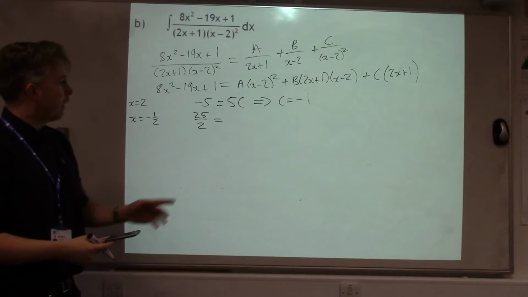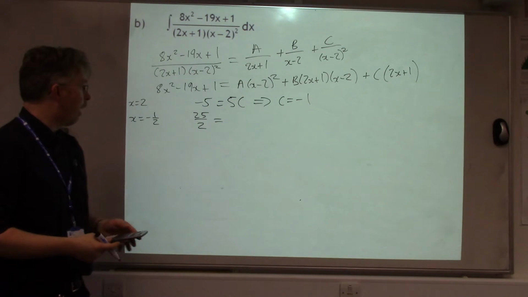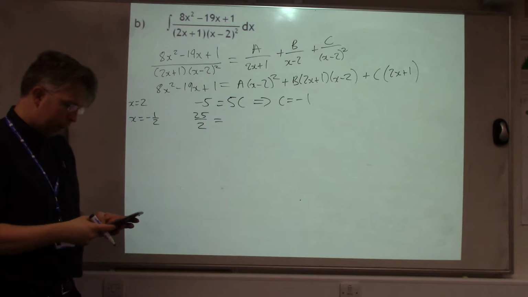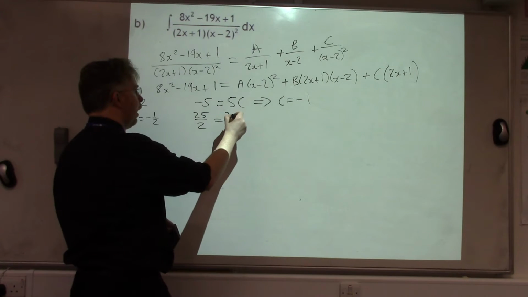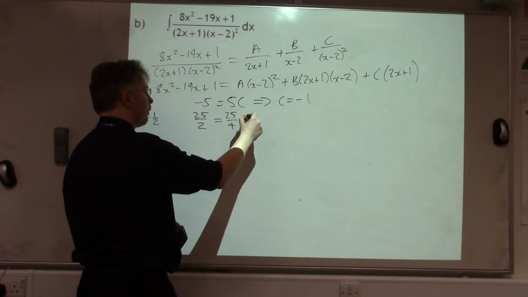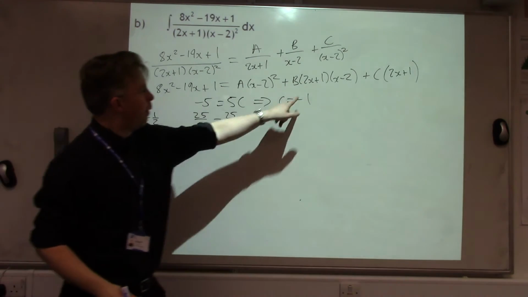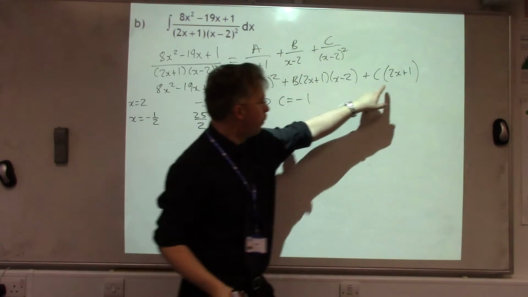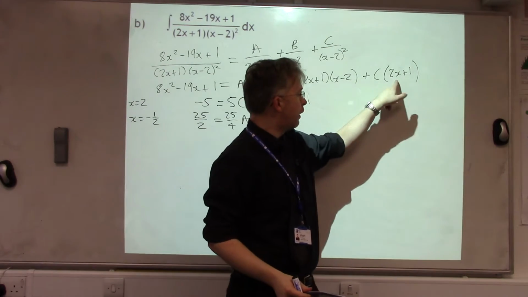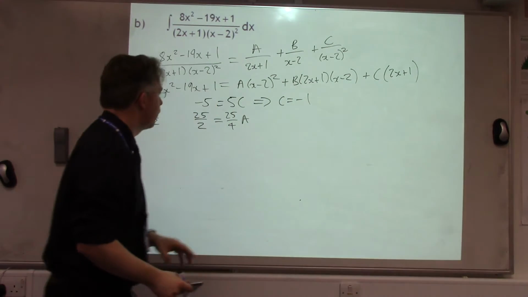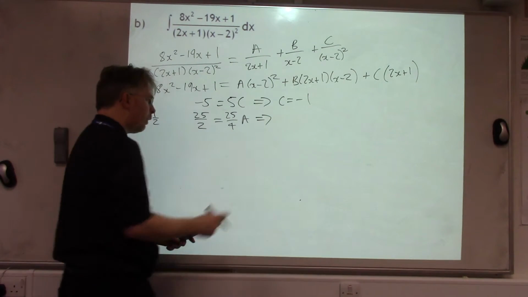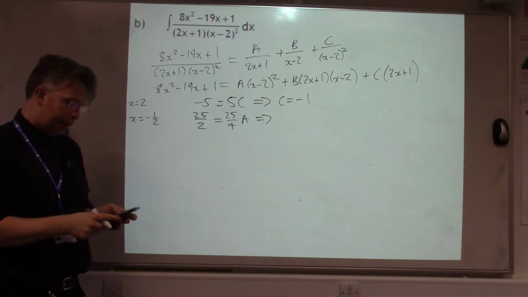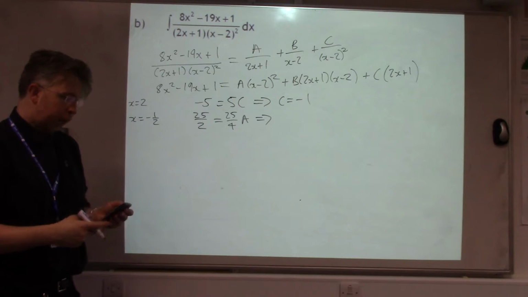And then stick it into that: minus a half minus 2 is minus 2.5, squared is 25 over 4, times a. Minus half into that will cancel, giving you 0. Minus half into that gives you 0, so those two terms cancel out of the equation. 25 over 2 divided by 25 over 4 will give us 2.